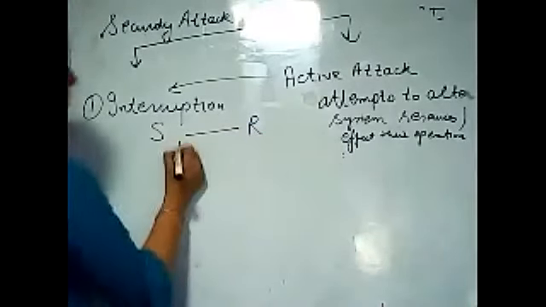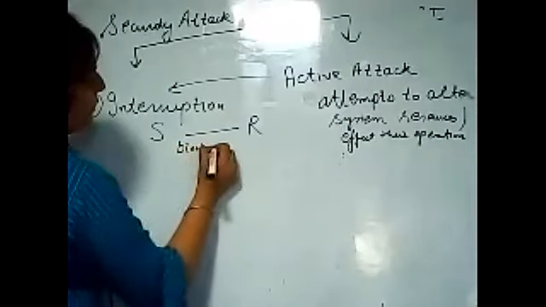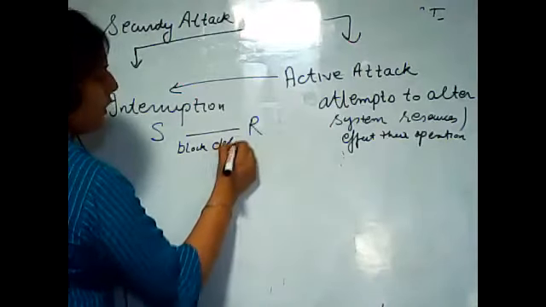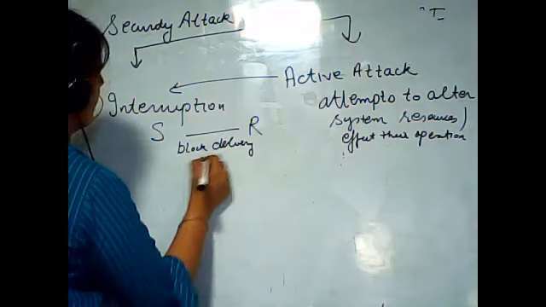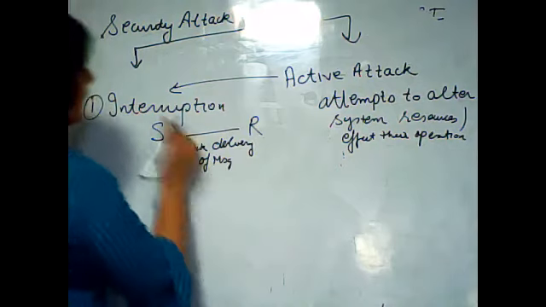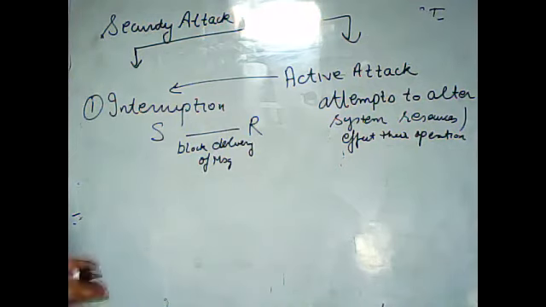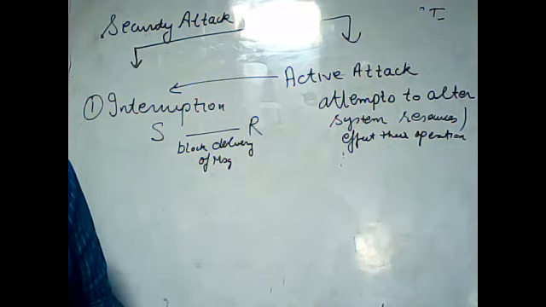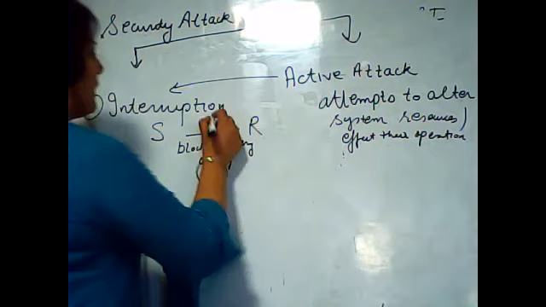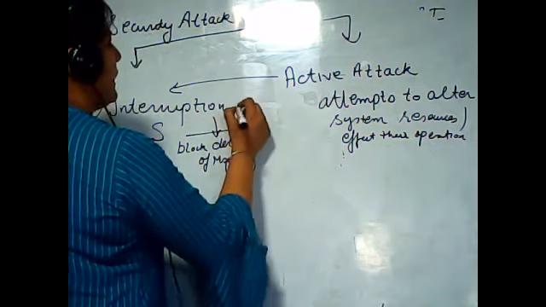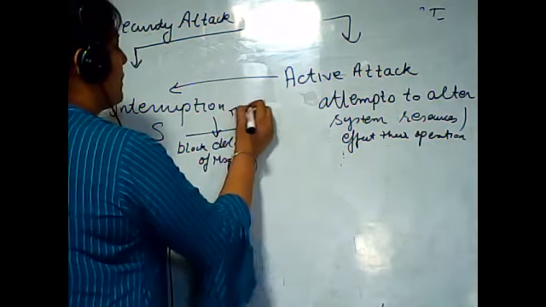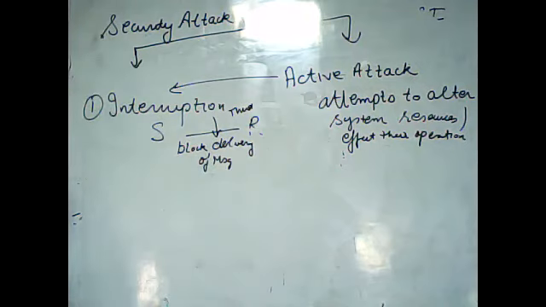The third party will block the delivery of the message. This is the type of interruption you provide between the sender and the receiver. That is interruption, the first type of active attack.